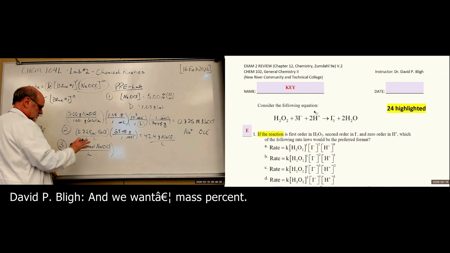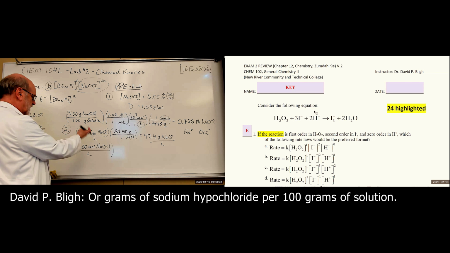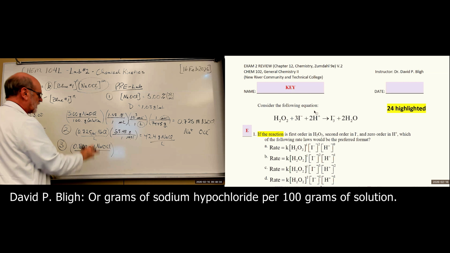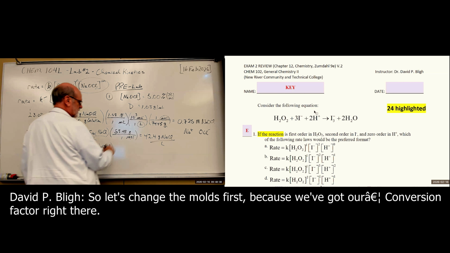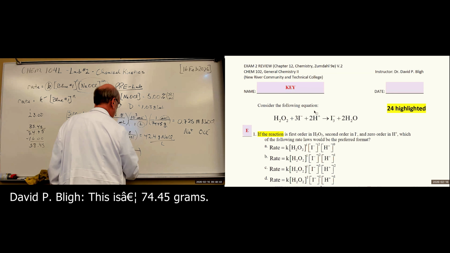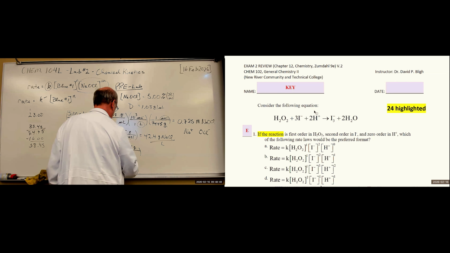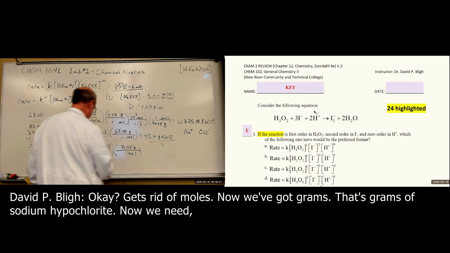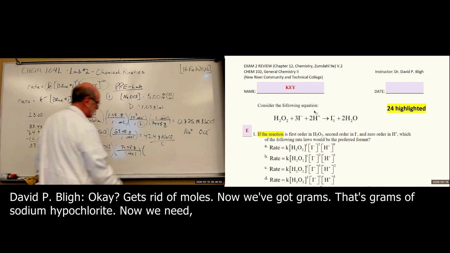And we want mass percent, or grams of sodium hypochlorite per 100 grams of solution. So let's change the moles first, because we've got our conversion factor right there. This is 74.45 grams per mole. Okay, gets rid of moles. Now we've got grams of sodium hypochlorite.